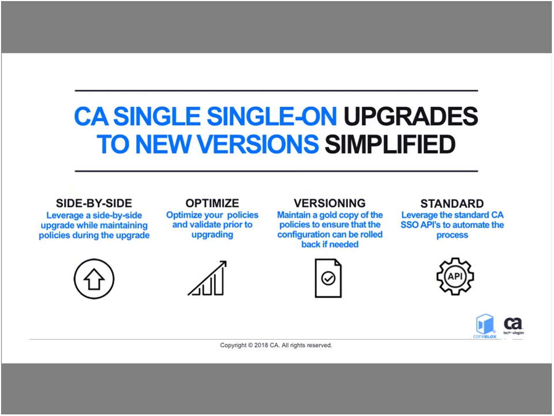How are you going to go through and upgrade these components as they're deployed? Are you going to do this as a side-by-side deployment, which is really the optimal approach? And if so, what is the way that you're going to be migrating or moving applications over to this new upgraded version of CA SSO?